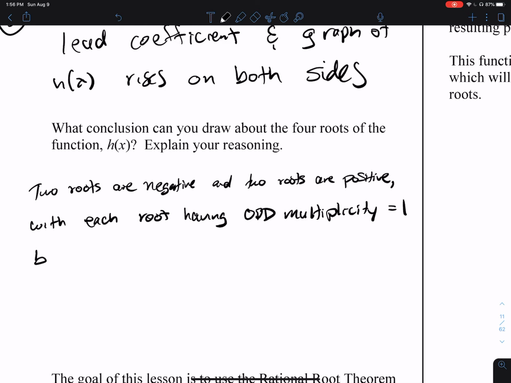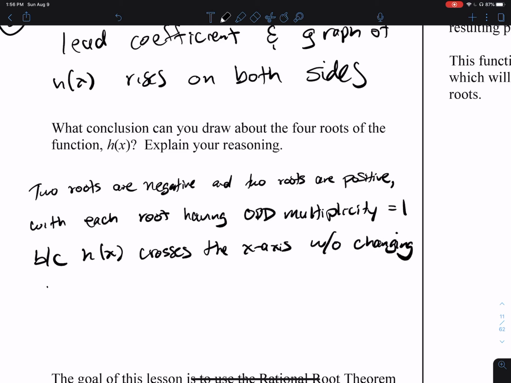And it's odd multiplicity of 1 because h of x crosses the x-axis without changing concavity at each root.